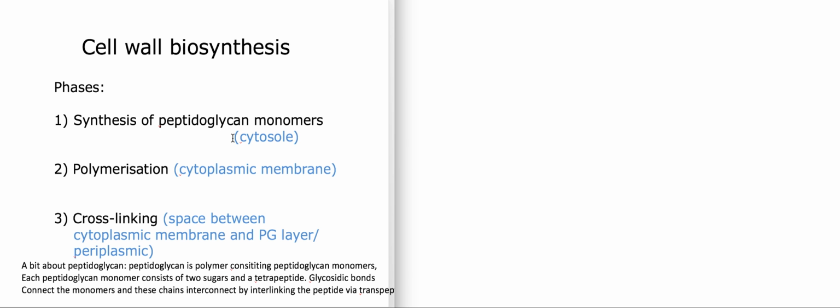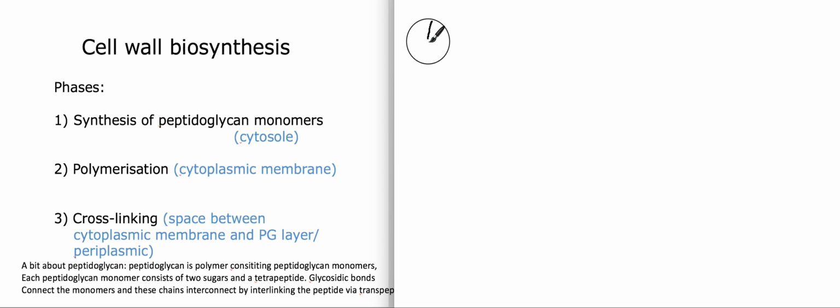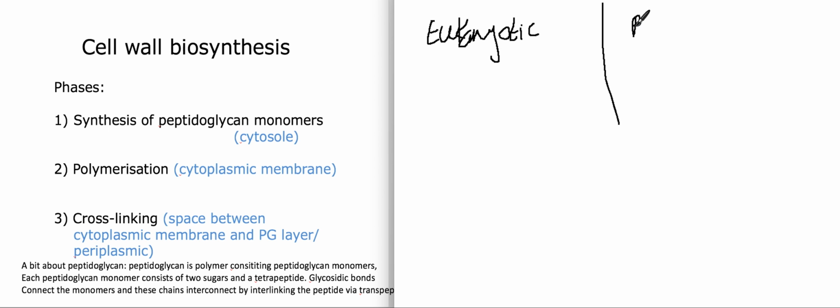Now before we get into a bit more about what penicillin is, we need to talk about something known as peptidoglycan. Peptidoglycan is basically a fancy way of saying cell wall. We have eukaryotic cells, which are human cells, and prokaryotes, which are bacterial cells.